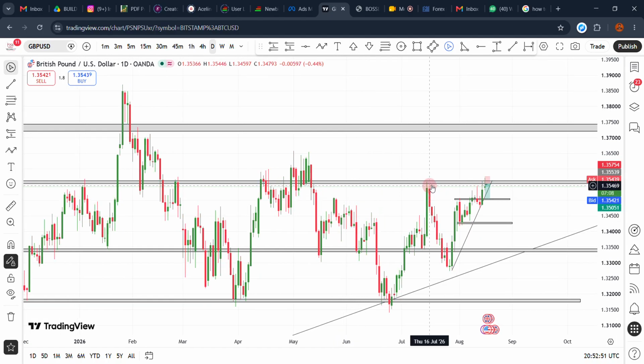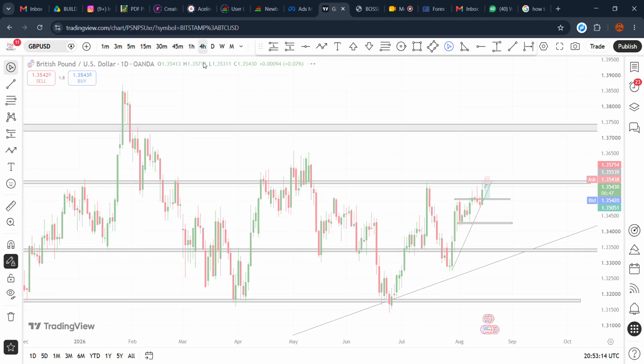The last time price came back to that zone, price pulled back to the downside, which is here. Around July, price came to this place. It pulled back to the downside. Same thing that is happening here currently. So that is why I intend looking out for selling opportunity from that direction.